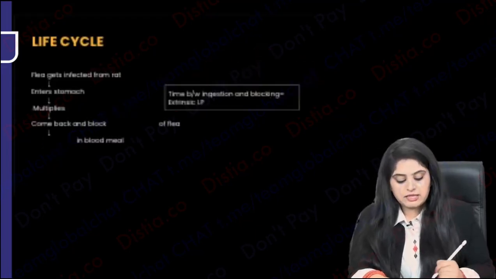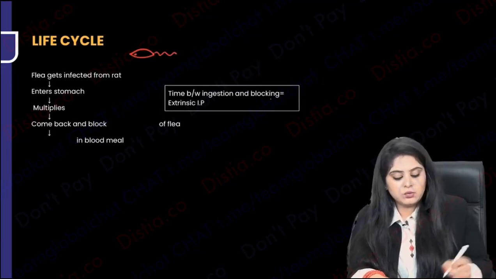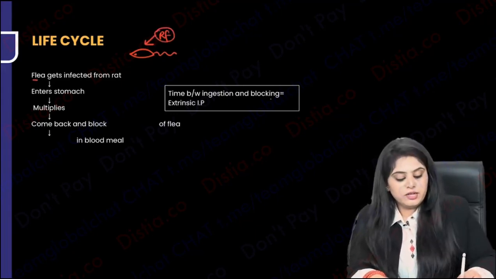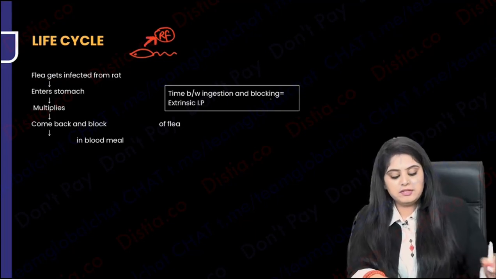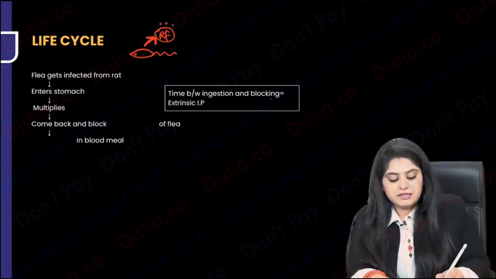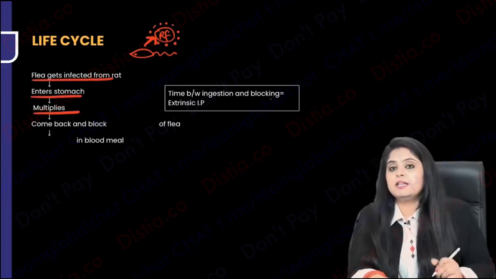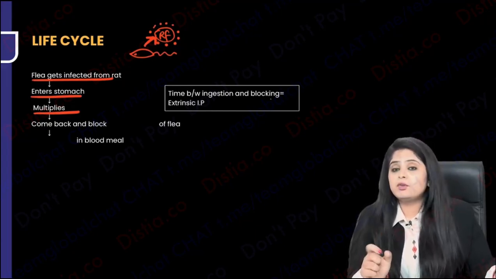So what is the entire life cycle? Firstly, there is a rat in this story. The rat flea first goes and bites the rat, so it gets infected from the rat. It takes the infection from the rat. What happens? In the stomach of this rat flea, there is now going to be multiplication. The plague bacteria multiply. Go to your parasitology lectures, where I taught you the types of vectors, including propagative vectors.